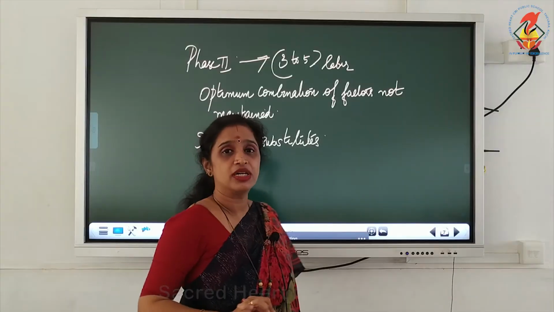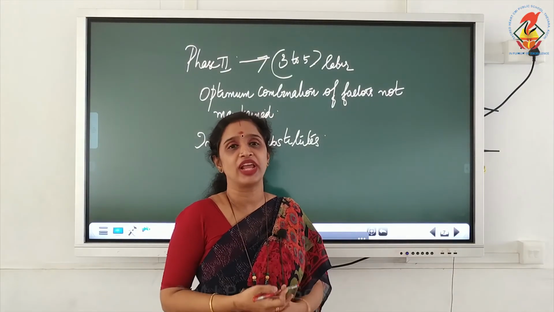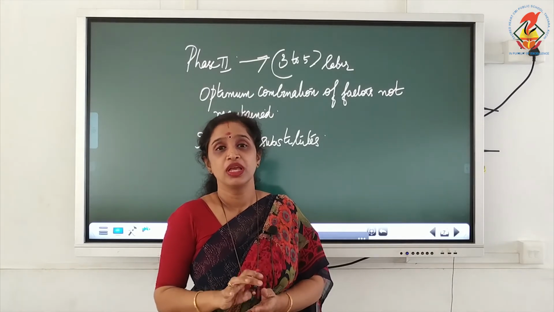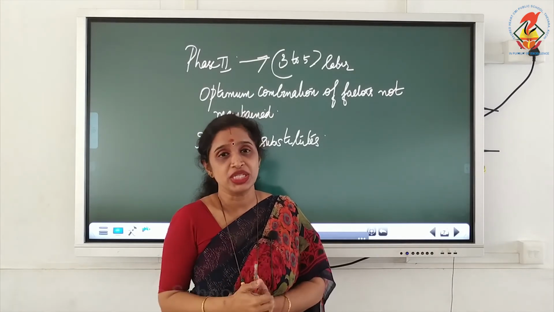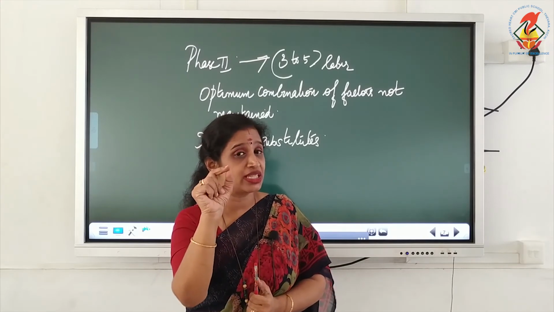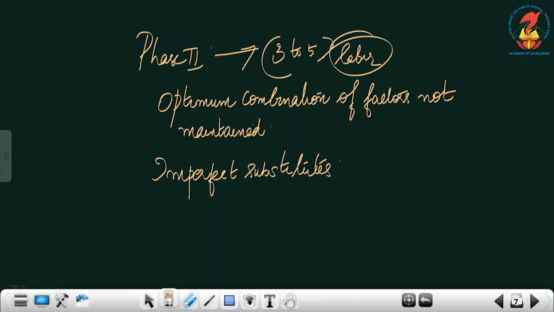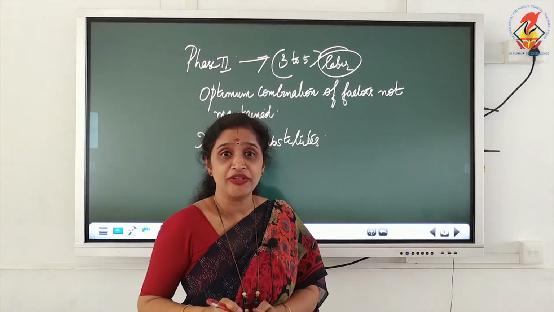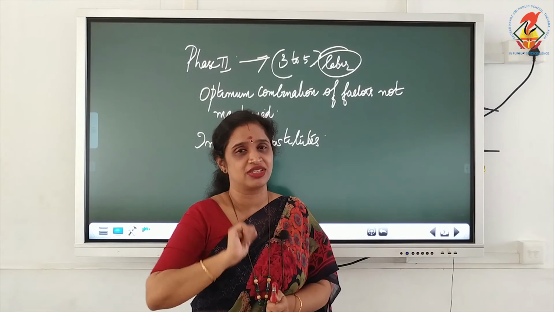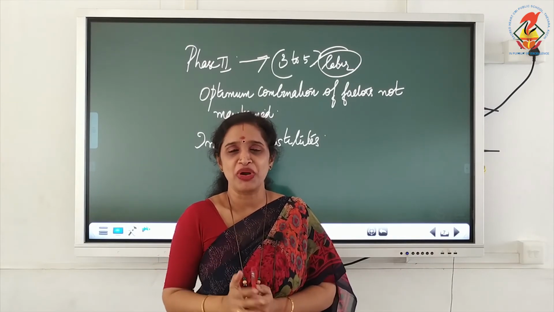Now, if the owner of that particular factory is trying to increase the number of laborers, what will happen? Now, only one machine is there. The machine is fixed. The law of variable proportion says that when we increase the quantity of the variable factor, labor, by keeping the quantity of the fixed factor constant, which is the machine here, we cannot change the quantity of the fixed factor.